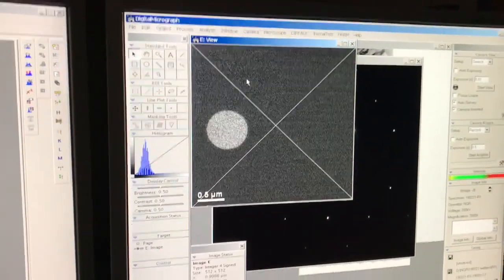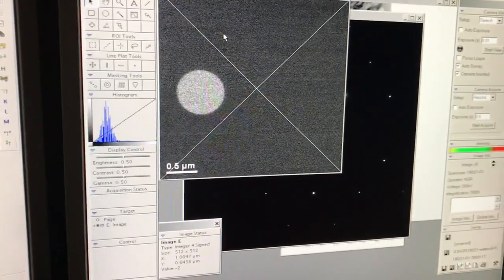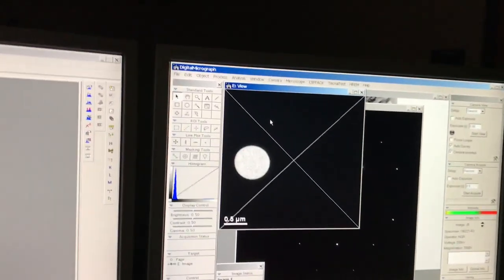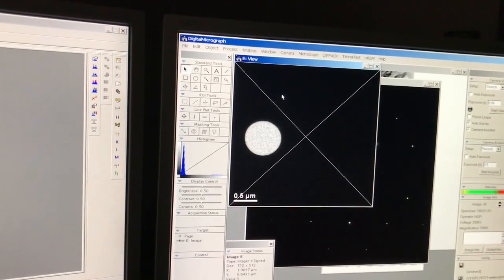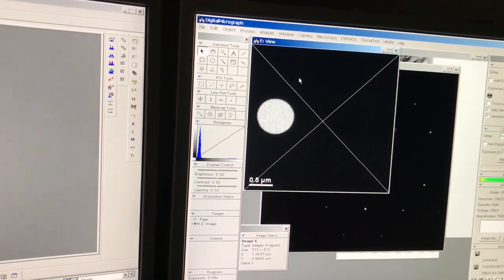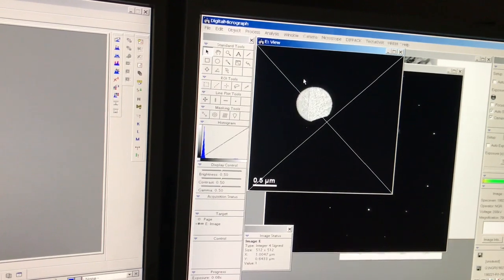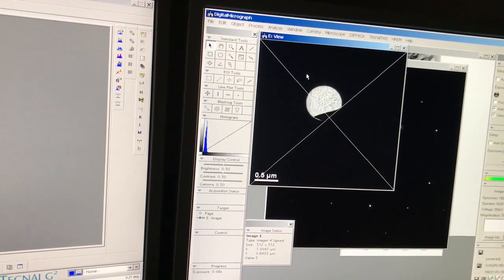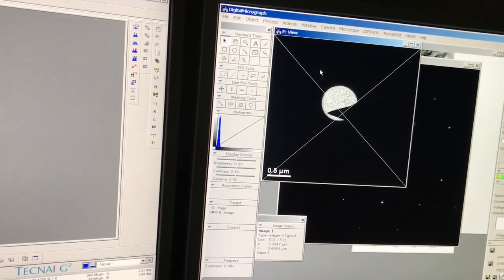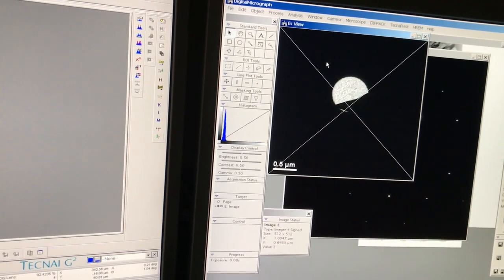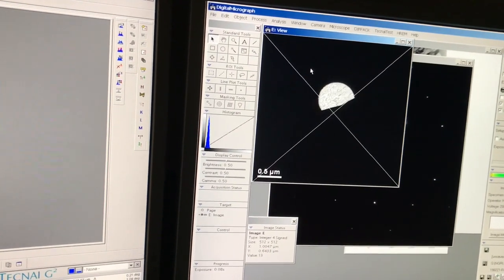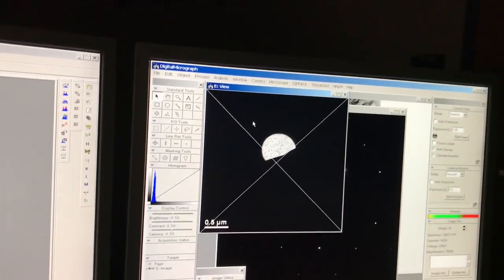Now I'm going to increase my exposure time back again so I can see a little bit better, and shift back over to the film. There you can see I could be over the beam stop partially too. It doesn't matter if I'm over the beam stop or not. It's just what's underneath it, which is the film. So there you can see I'm over the film.